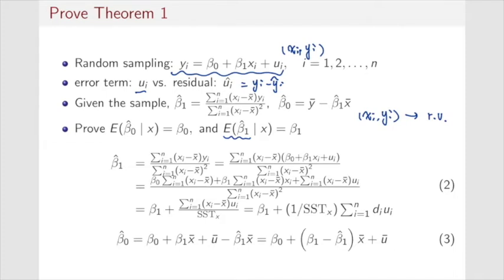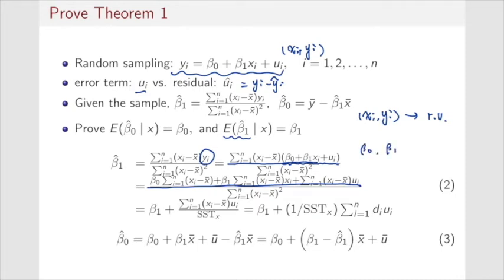We first simplify the formulas for beta 0 hat and beta 1 hat. From the formula of beta 1 hat, we first replace yi with the population model, which is beta 0 plus beta 1 times xi plus ui. Then we expand the numerator, and we have these three terms.